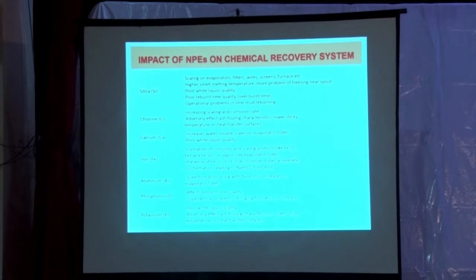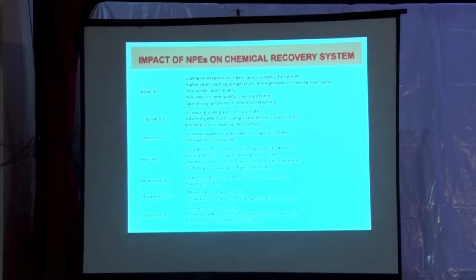And the operation problems in the lime kiln you all know. Chloride, we all know that it increases scaling and corrosion. Adverse effect as a fouling agent, as explained yesterday by Ravi. It lowers the sticky temperature. Lowering of sticky temperature means when the flue gas reaches the upper region and the temperature comes down, at the superheater, at the boiler bank, at the economizer, they start depositing there.